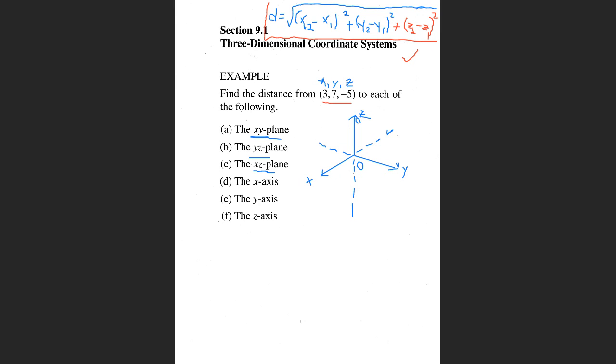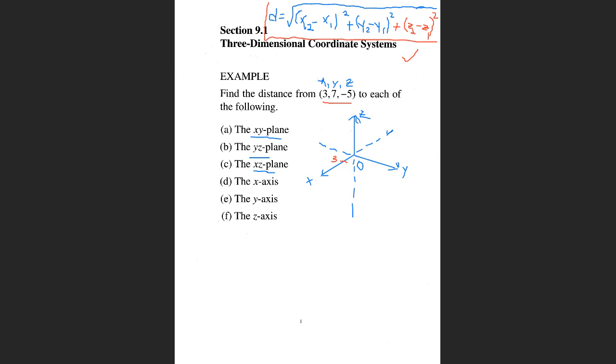So along the x-axis, do I go forward or backward if the x coordinate is 3? Would I move forward 3 units or backward 3 units? That's right, forward 3 units. So say that's forward 3 units.